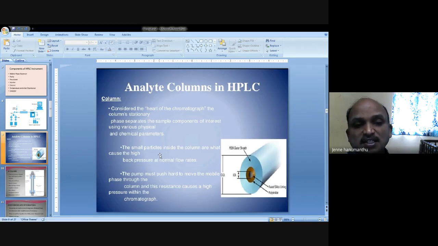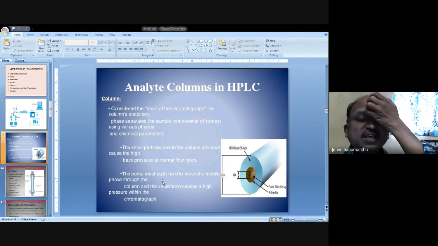Understand? Small particles inside a column cause high back pressure at normal flow rate. Sometimes the pump must push hard to move the mobile phase through the column, and this resistance causes a high pressure within the chromatograph.